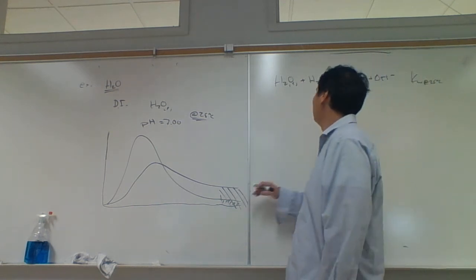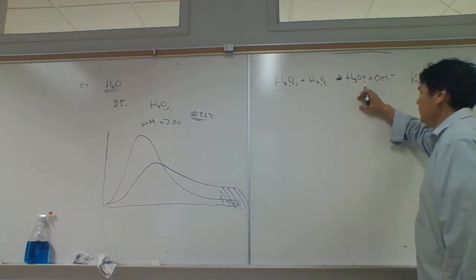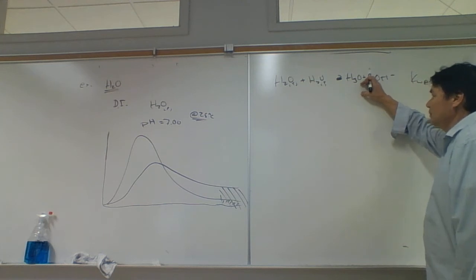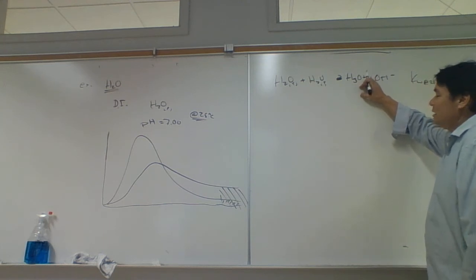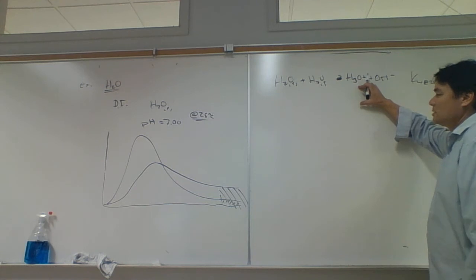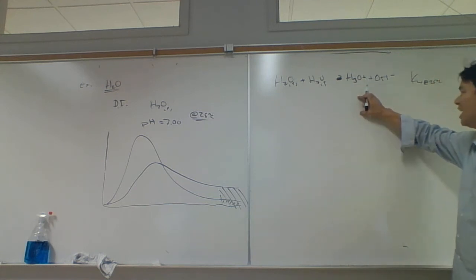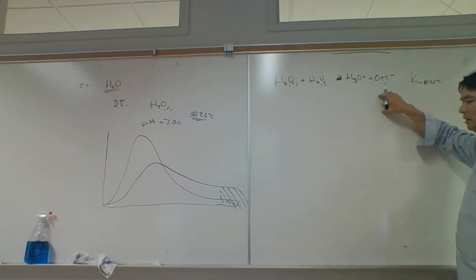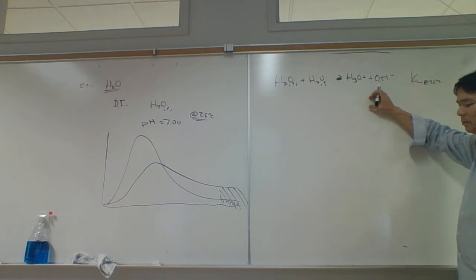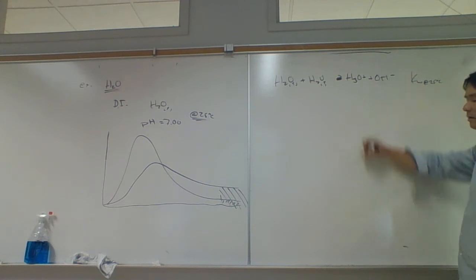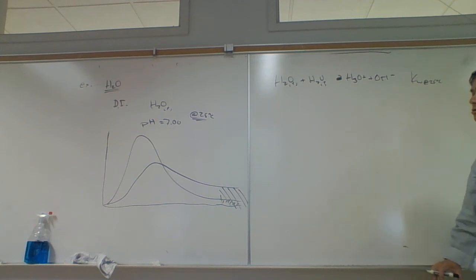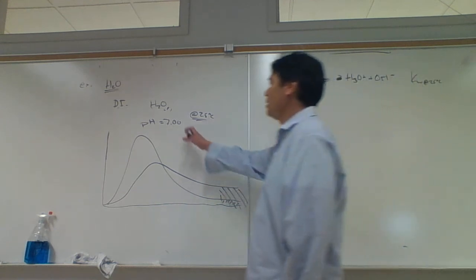And if K goes up, then the hydronium ion concentration, which was at equilibrium at 10 to the minus 7 molar, is now going to go up. It's still neutral, because even if it goes up, the hydroxide is going to go up in equal proportion, and if the hydronium and hydroxide are equal, it's neutral. But is the pH going to be lower or higher? The pH is going to be lower. And so at higher temperatures, the pH of pure water should go down.